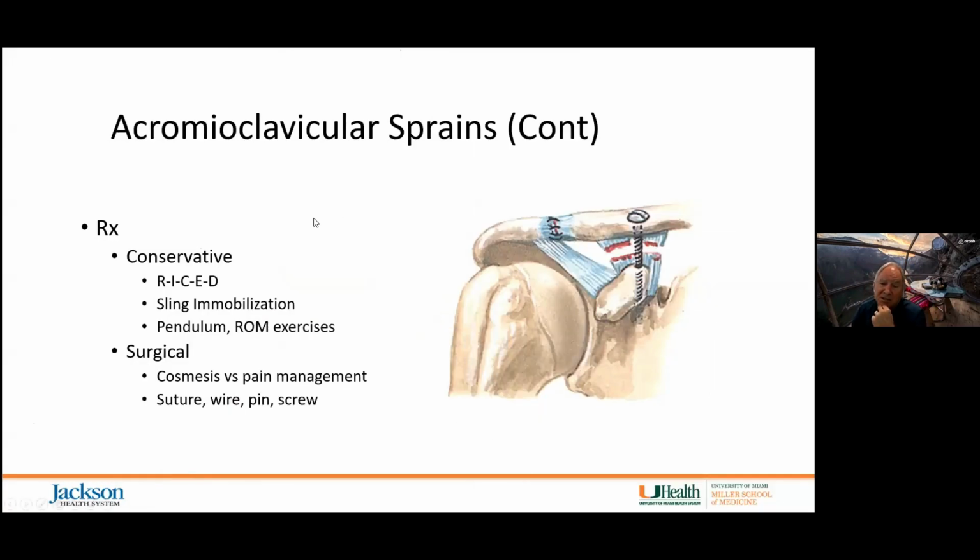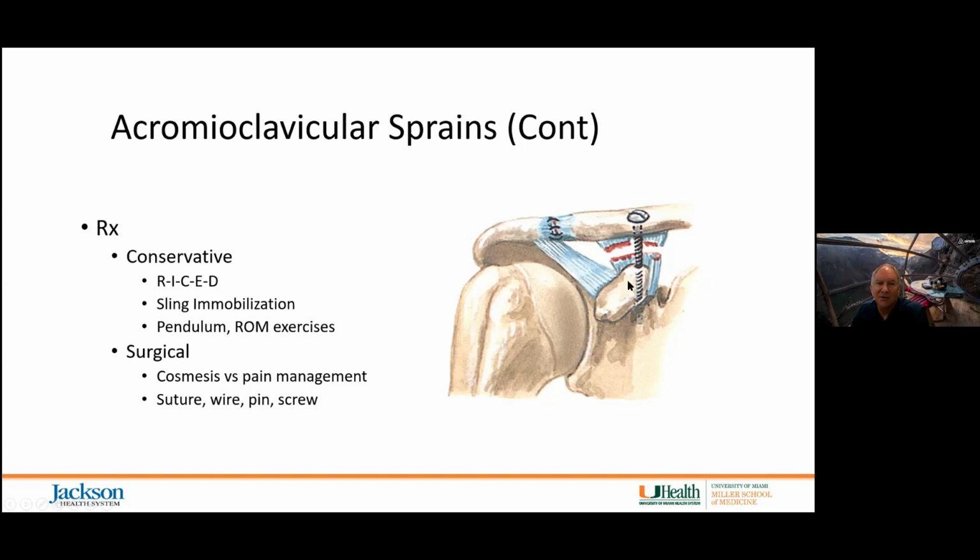So again, the conservative treatment is recommended. The only time that you would consider going otherwise is if you had a significant fracture associated with this as well, or cosmesis. So you're an actor or an actress and you want to make sure that that looks symmetric from side to side.